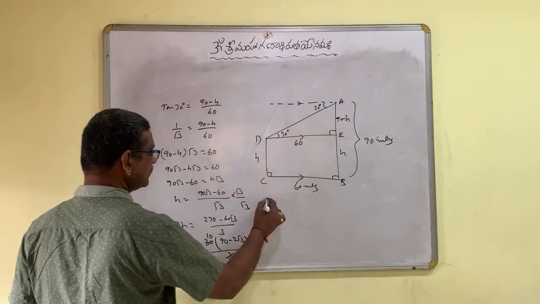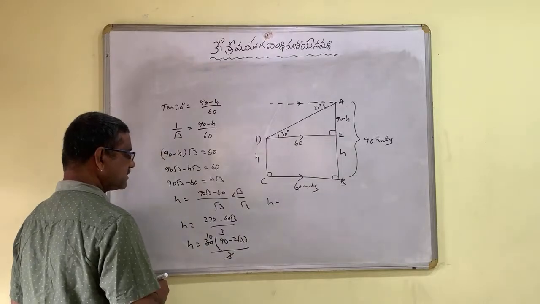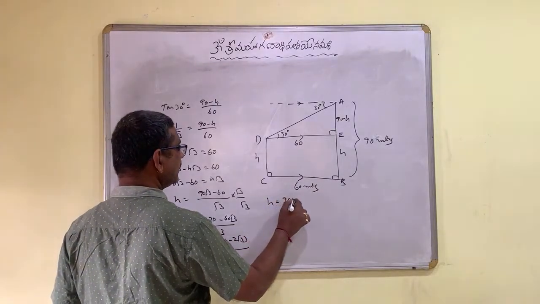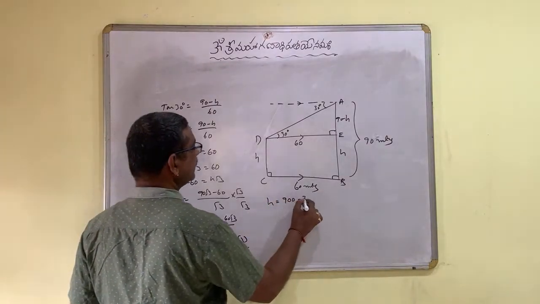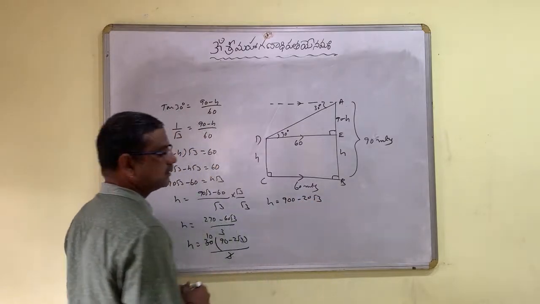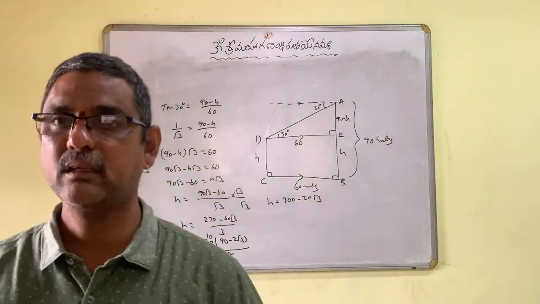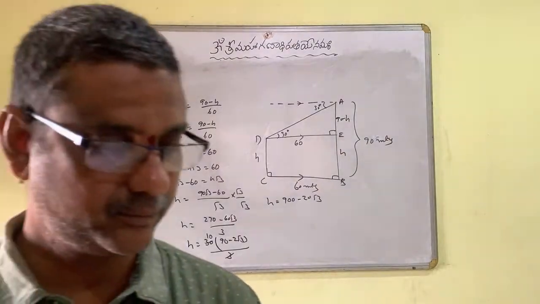So h of the second tower is 900 minus 20 root 3.